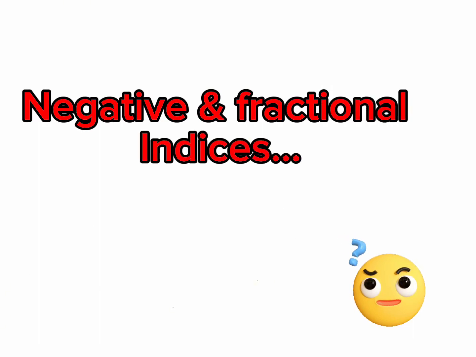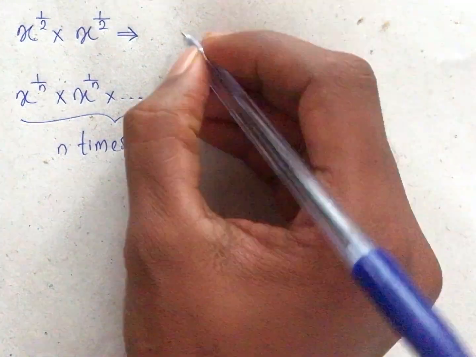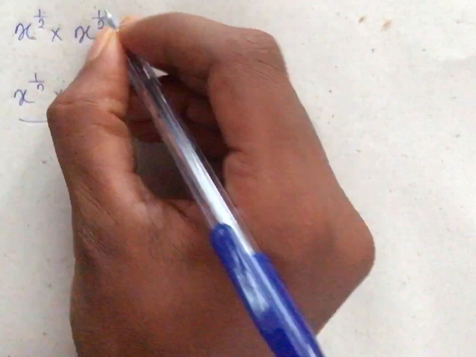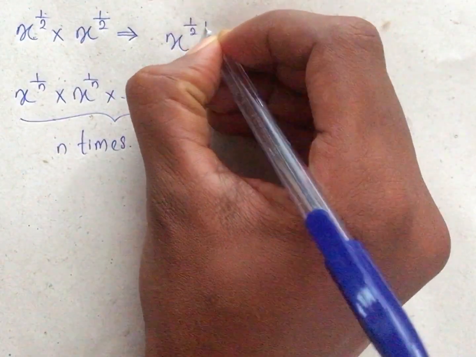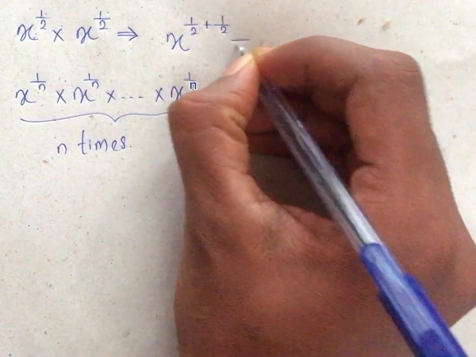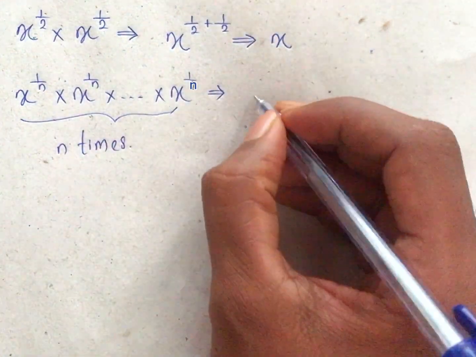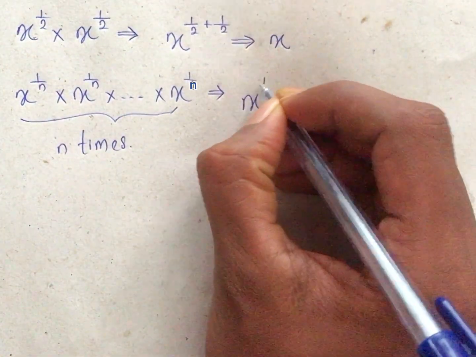Let's move to the negative fractional indices. In this case, powers are not whole numbers, they are fractions. In here is the same base, but you need to add the half and half, then you get x to the power 1, it is x.